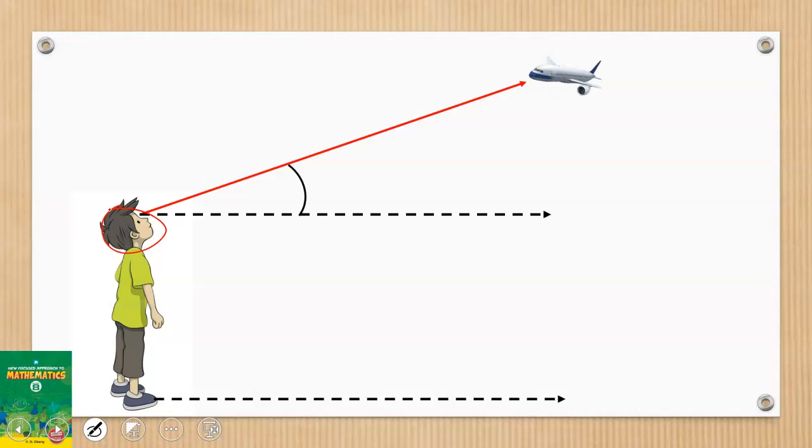That angle is what we refer to as angle of elevation. That means the angle is between your normal sight, that's the black line, and the angle that you use to raise your head in order to see the object you are looking up at. So you elevate your head, and that becomes the angle of elevation.